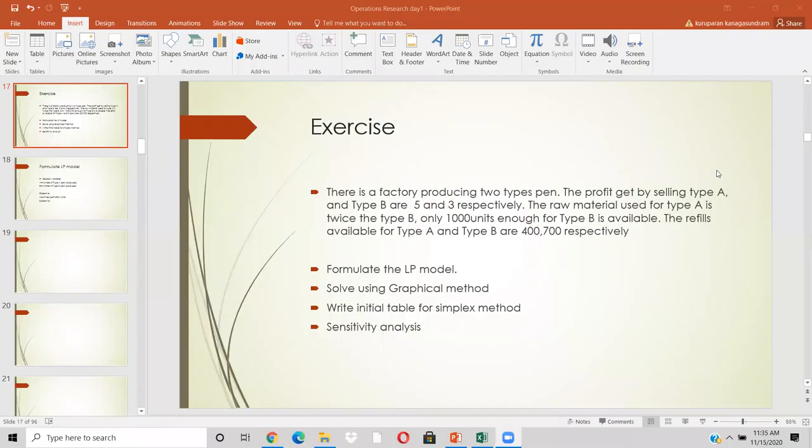Yeah, there are constraints regarding raw materials. We don't have an unlimited number of raw materials. We have a certain amount of raw materials, and refills. Shall we write the constraint for the raw material?